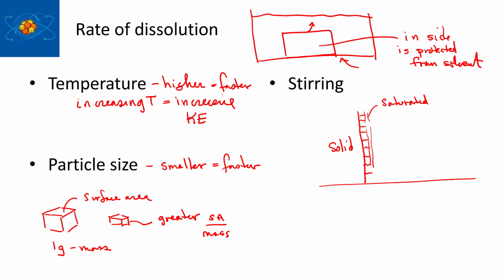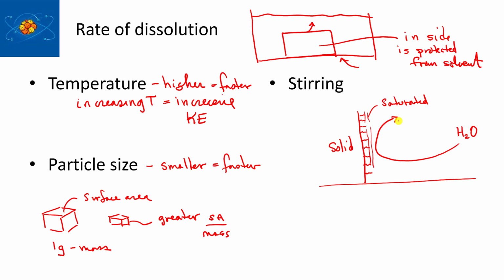And this can be true even though on the outside of the saturated layer I have water, or solution that is unsaturated. So the way stirring helps to make the dissolving process faster is it brings solvent to the saturated solution and then pulls it away and dissolves it and makes it unsaturated so that more solid can dissolve.